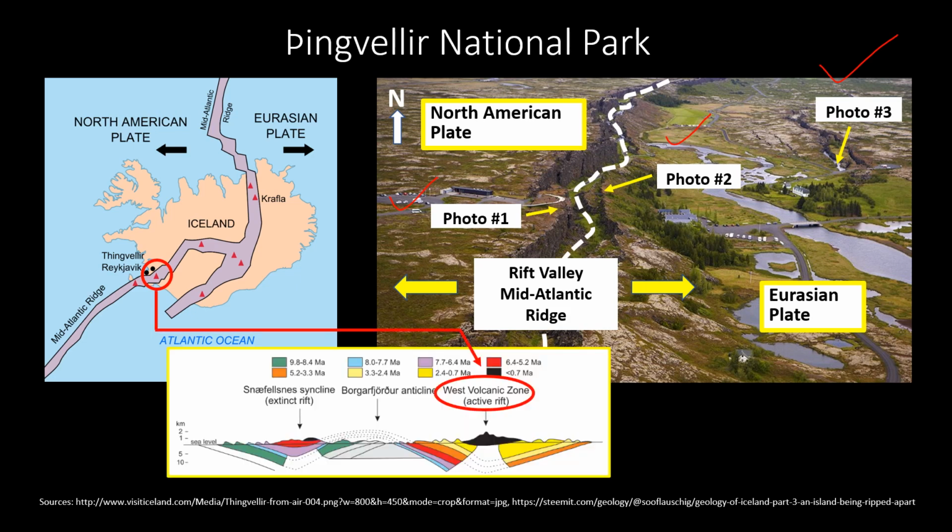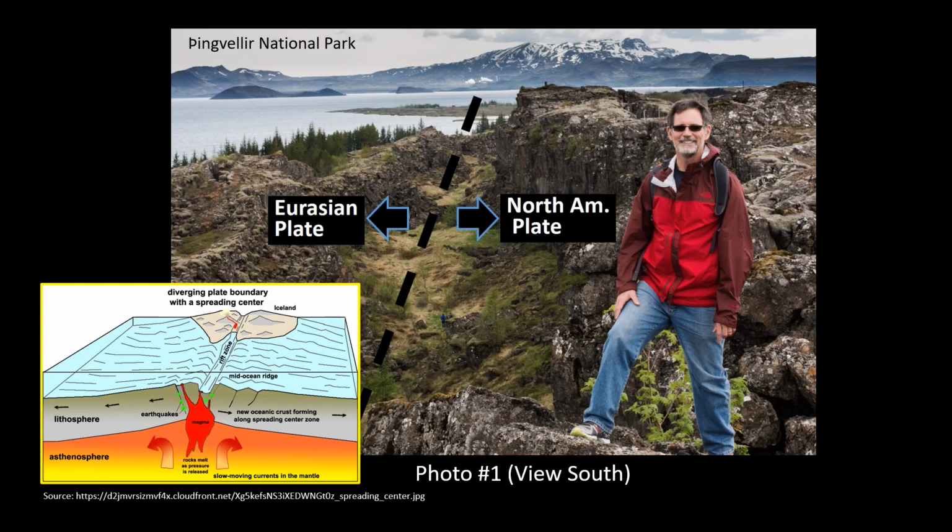So here's a side view that is a geologic cross-section, and Thingvellir is in this kind of western branch of the divergent plate boundary that slices through Iceland. It's known as the West Volcanic Zone. And this is a photograph looking south.